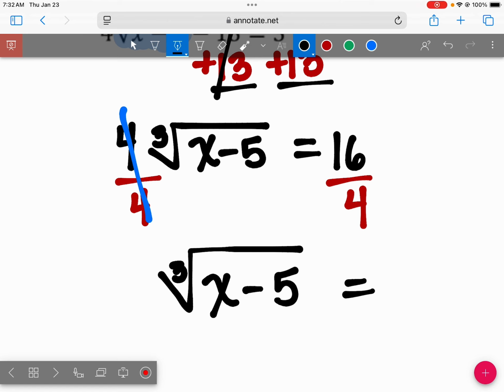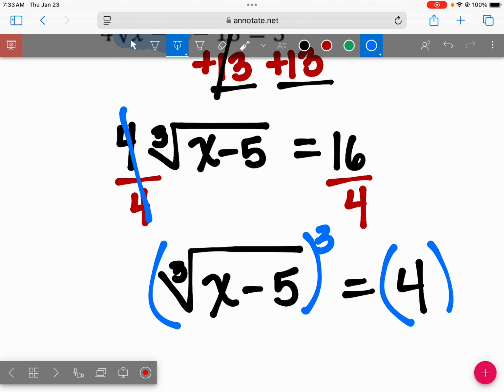And that equals, take 16 and divide that by 4, which gives you 4. So now what am I going to do? How do I get rid of the radical? Raise both sides to the power of what? 3. Good. Let's do it.